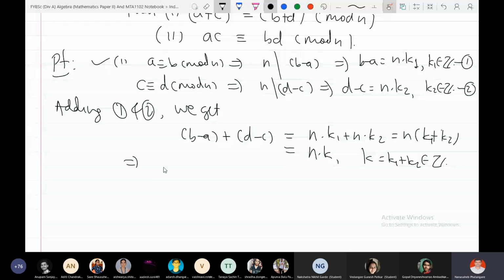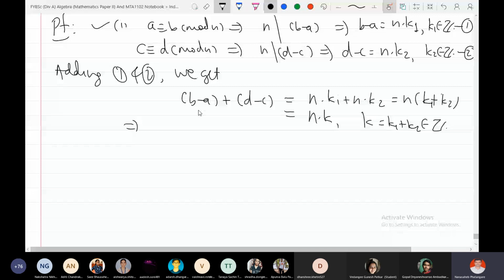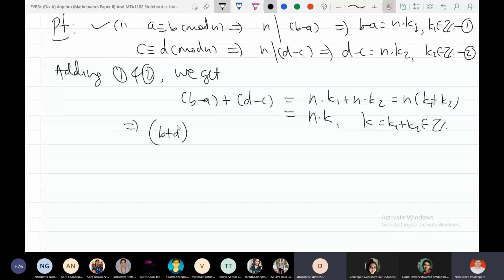If we simplify, we get B plus D minus, in bracket, A plus C. We want A plus C. So B plus D minus (A plus C) is equal to n times k.